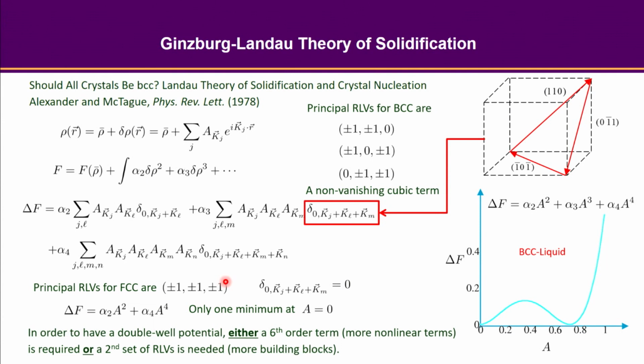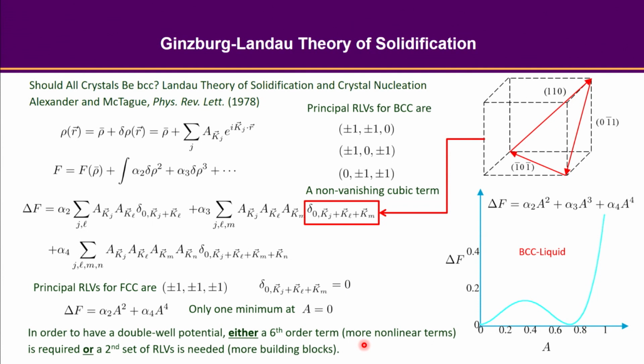So if I have 111 and 200, now I can have 1 2 0 0, for example, and the others will be minus 1 1 and minus 1, minus 1, minus 1. And adding everything together, I can have a non-vanishing cubic term. So a quick summary is that if I want to get something other than BCC, I can do it in two ways.